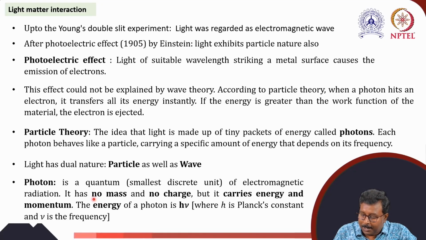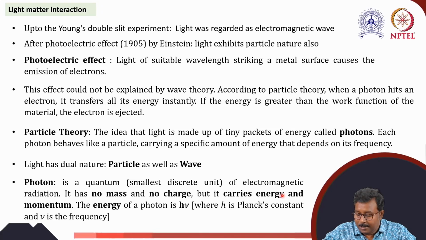But remember, the photon has no mass, no charge, but it carries energy and momentum. That is a peculiar thing. It carries energy and hence momentum, because energy and momentum through the wave nature are related by some relationships that we have seen in the case of the electron also. But it has no mass and no charge.